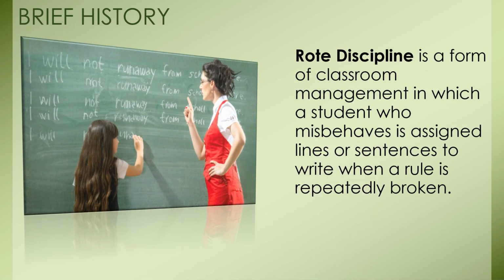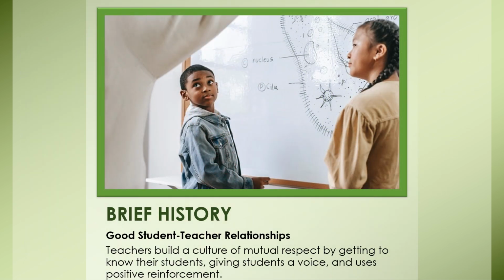Some teachers use rote discipline, which is a form of classroom management where children have to write lines or sentences if they break the rules. Other teachers build relationships, and build a culture of mutual respect by getting to know their students, giving students a voice, and using positive reinforcement.